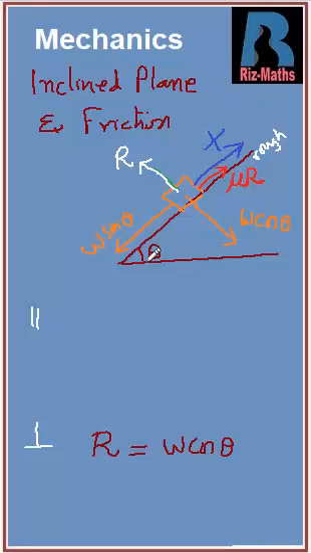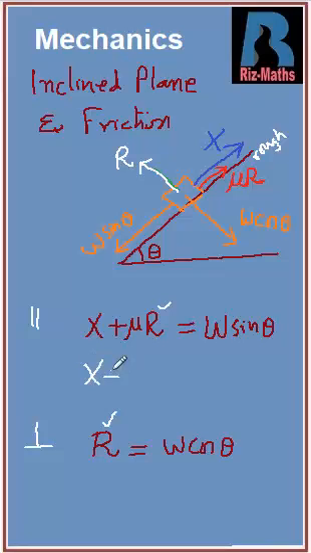And talking about the parallel forces, the upward forces up the plane are X plus the friction force mu R, and that will be equal to the downward force, which is W sine theta. Now this R can be replaced with the value of R here. So then this equation will become X plus mu W cosine theta, and this will be equal to W sine theta.